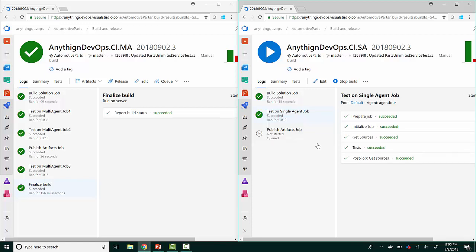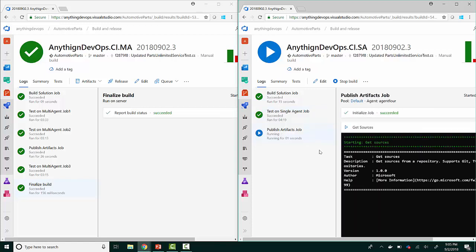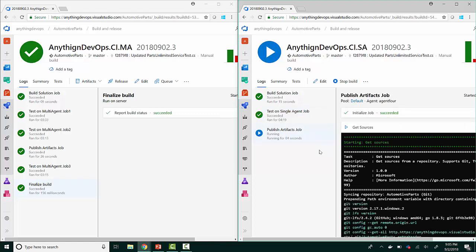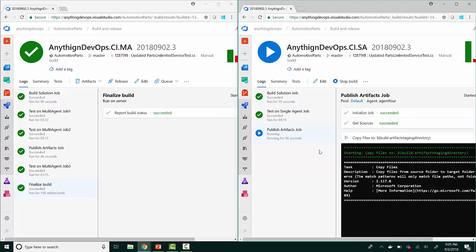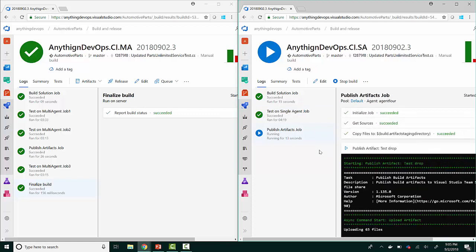As we speak, the execution on the right hand side has also completed. However, the larger the number of tests, the more time it is going to take for the sequential execution.